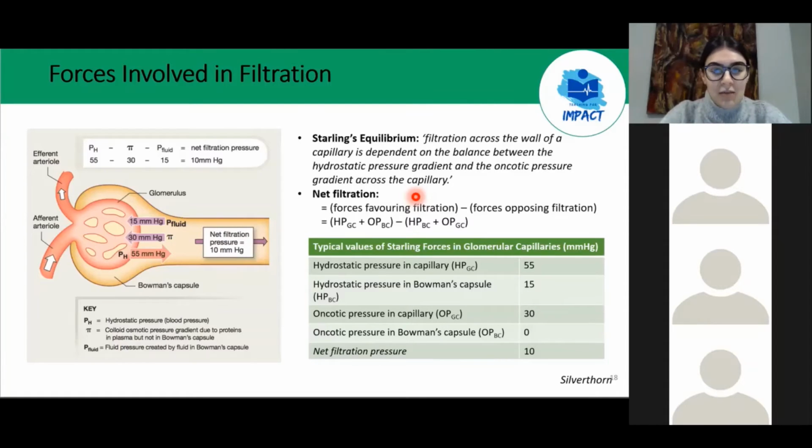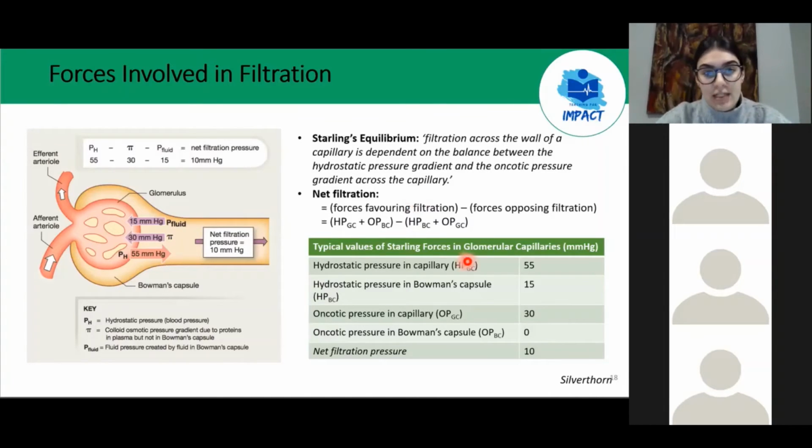And proteins have this lovely ability: they like to suck stuff in. So they're basically doing the opposite of what hydrostatic pressure is doing. Oncotic pressure is trying to suck everything in. So they're two opposing forces, and therefore the ultimate filtration and the ultimate balance of the forces across a capillary lumen is dependent on how much hydrostatic pressure there is versus how much oncotic pressure there is.